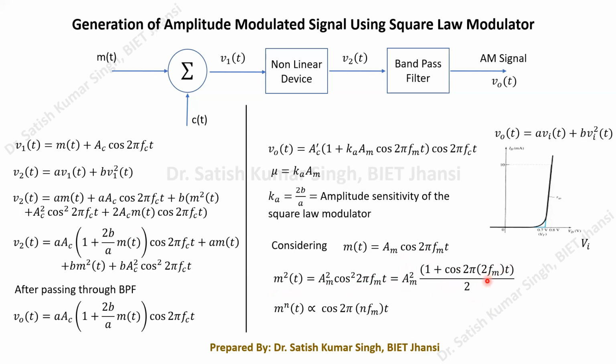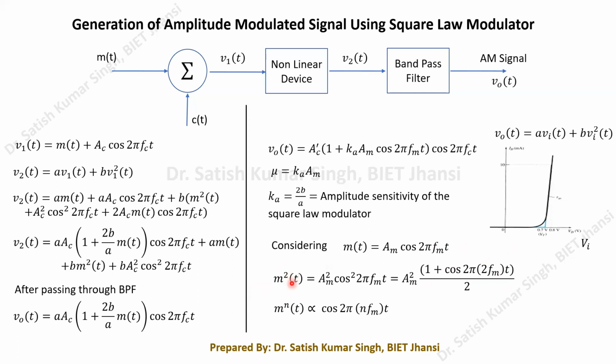Okay, that you remember. So basically when the signal consists of a maximum frequency component equal to f_m, then m square t consists of a frequency component f equals 2 f_m when we are squaring it. You can generalize these things.